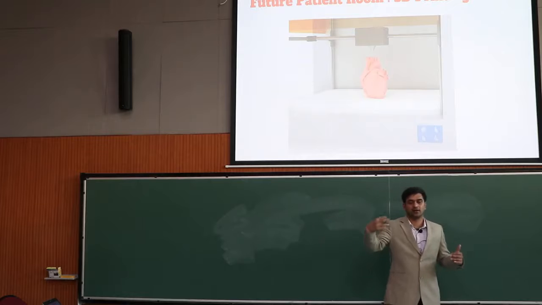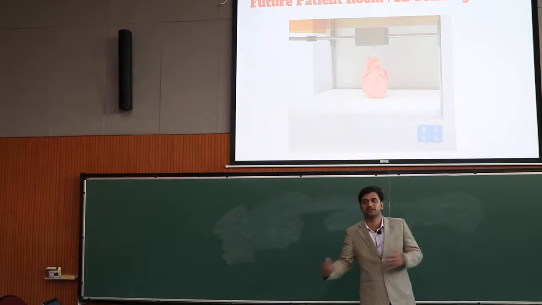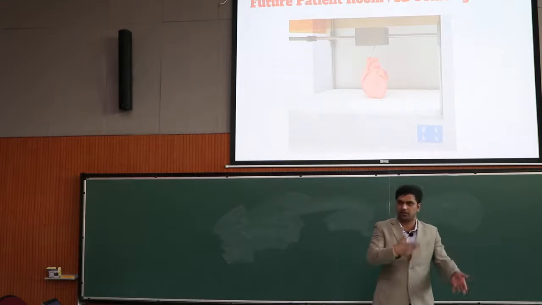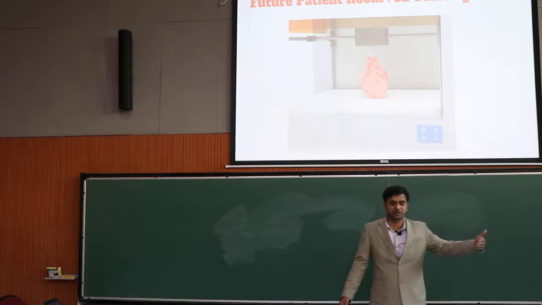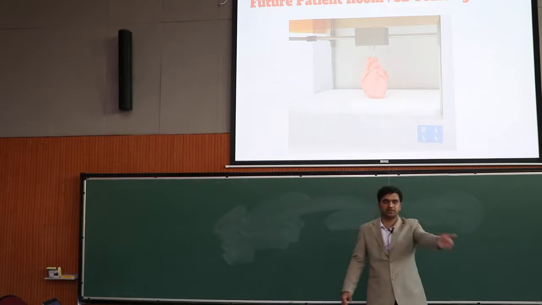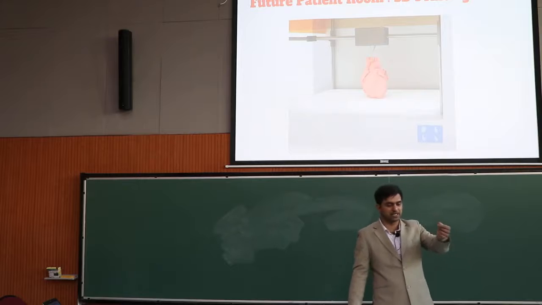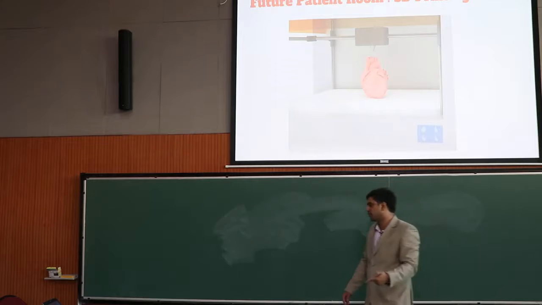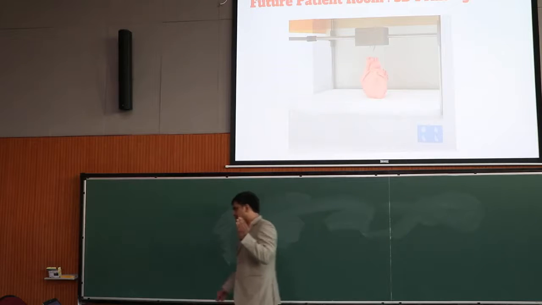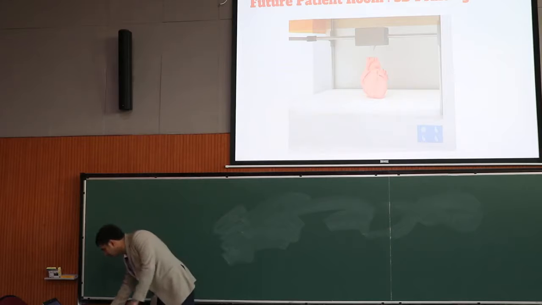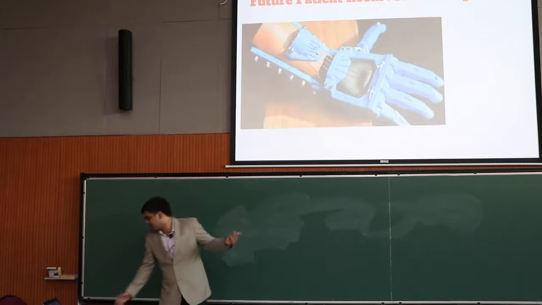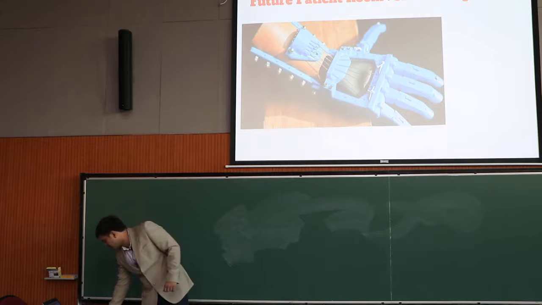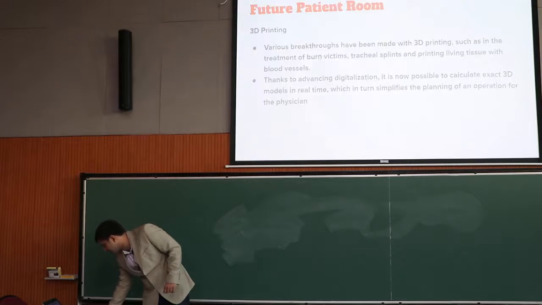But the challenge is that once you print these tissues, it has to be compatible with the patients whomever you're going to treat. So what they do is they take the patient's sample in terms of their cells and they try to grow them. So 3D printing is also applicable in tissue manufacturing. And yes, 3D printing is used in prosthetics and implants.